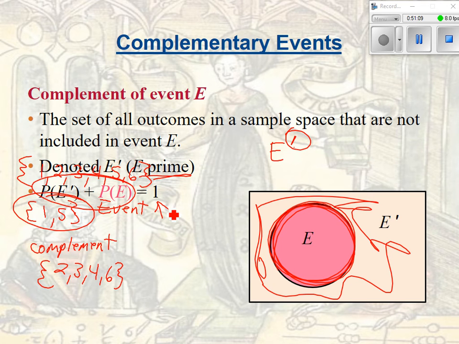So if I told you the probability of the event that I want to occur was 0.32, and I say find the probability of the complement, what would you do there to find that probability of the complement? Take that and subtract it from one whole. So you get like 0.68. So those two always have to add up to one whole together. The probability that the event occurs, the probability that the complement occurs.